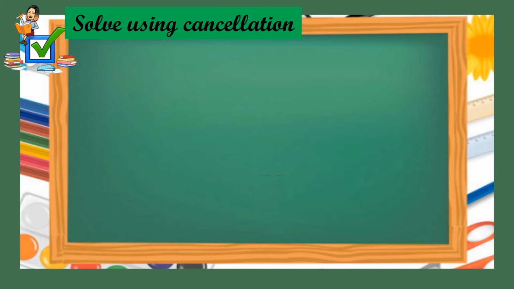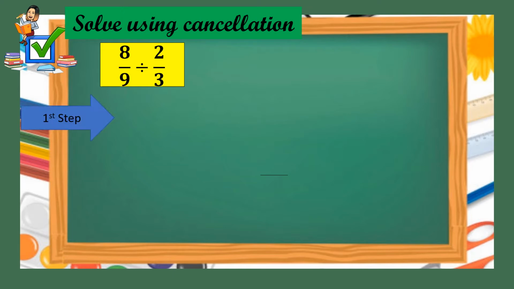Okay, so let us try another using the cancellation method. Yung example natin kanina, yun din ang gawin natin. So find the quotient of 8/9 and 2/3. Again, our first step: change the division into multiplication and get the reciprocal of 2/3, which is 3/2.